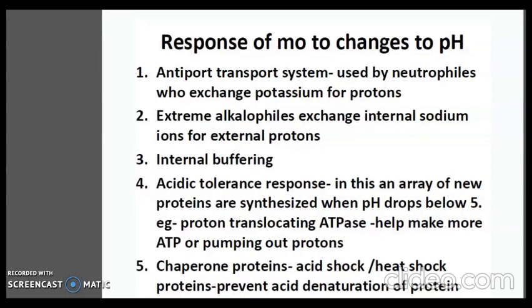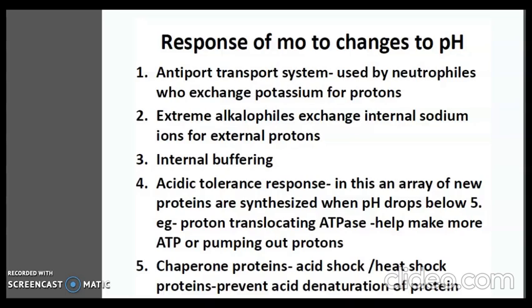So the microorganism must also adapt to change in environmental pH in order to survive. The plasma membrane may be relatively impermeable to protons. Neutrophils also exchange protons for potassium ions using an antiport transport system. In bacteria, small variation in external pH is corrected by sodium proton or potassium proton antiport systems.